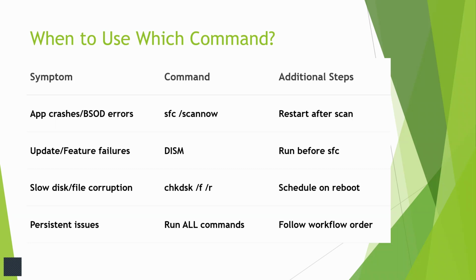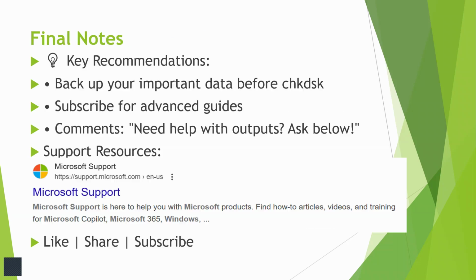Then you can run SFC if SFC also fails. When you have slow disk and file corruption, you use chkdsk /F /R, and it will schedule on reboot to continue. When you have persistent issues, you run all the commands by following the workflow order. Start with DISM, followed by SFC /scannow, and then you do chkdsk /F /R.